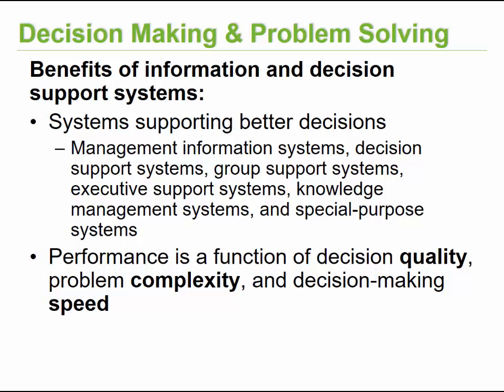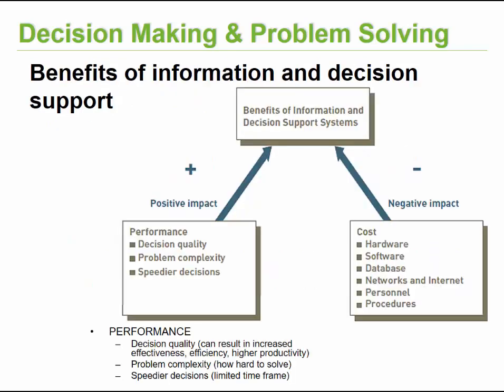Now, each of these systems will function independently. They can send information between each other, and it's important to realize that performance will be based on your decision quality as well as your complexity and how fast you want to get to coming to your decisions. And it's nice to have this image in mind.